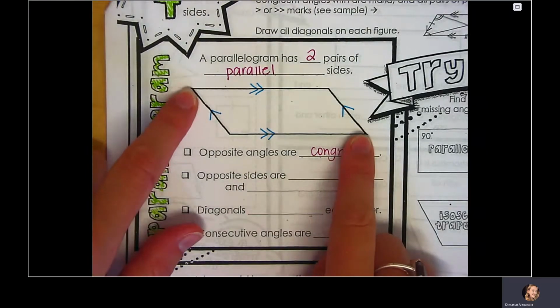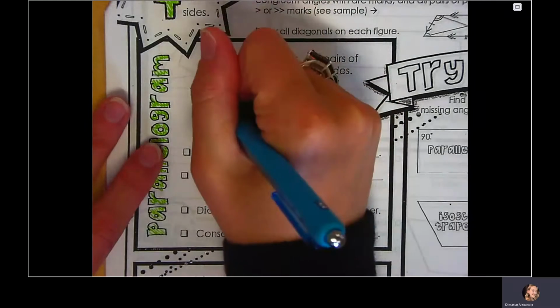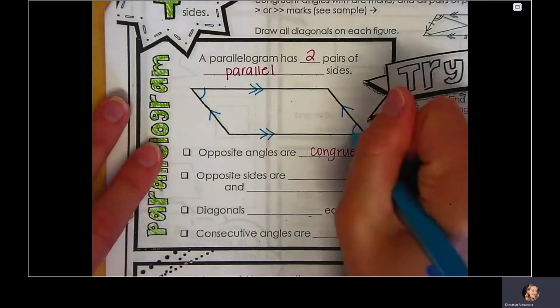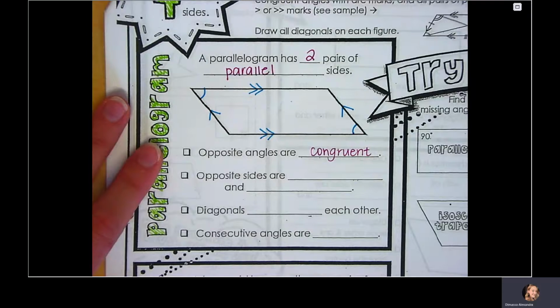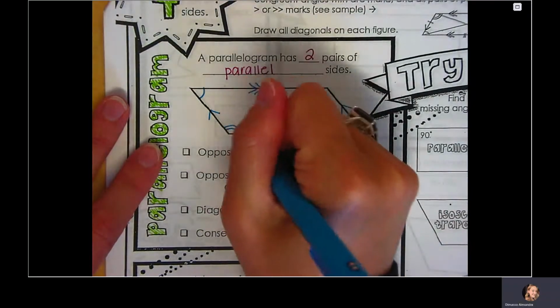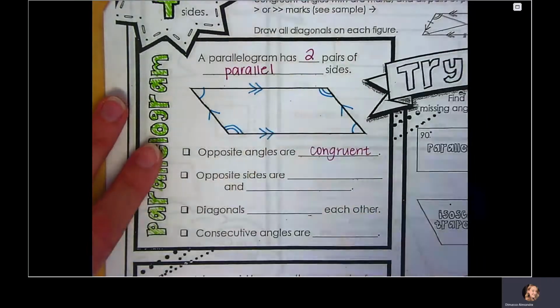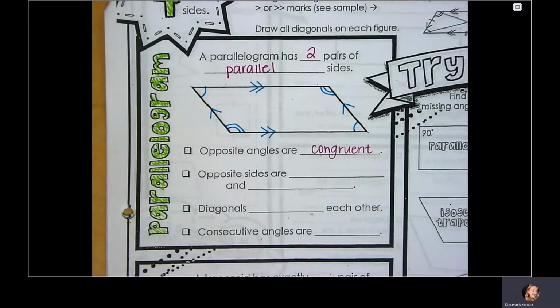What would be the marking for that? A curve, exactly. It's a little arc mark. So 1 pair has 1 arc mark, and my 2nd pair should have 2. It doesn't matter where you put them, as long as you have 2 pairs to show that they're different.